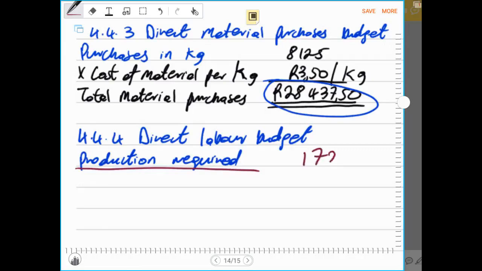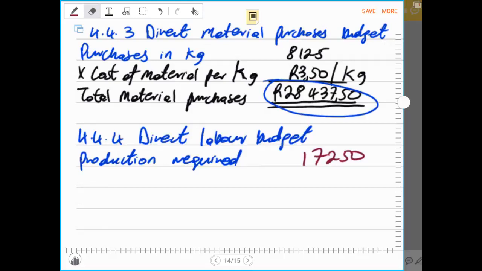Then we have 17,250. Remember, we are looking for the total cost of labor. For us to do that, we need to know how many hours of direct labor it takes to complete 1 unit.